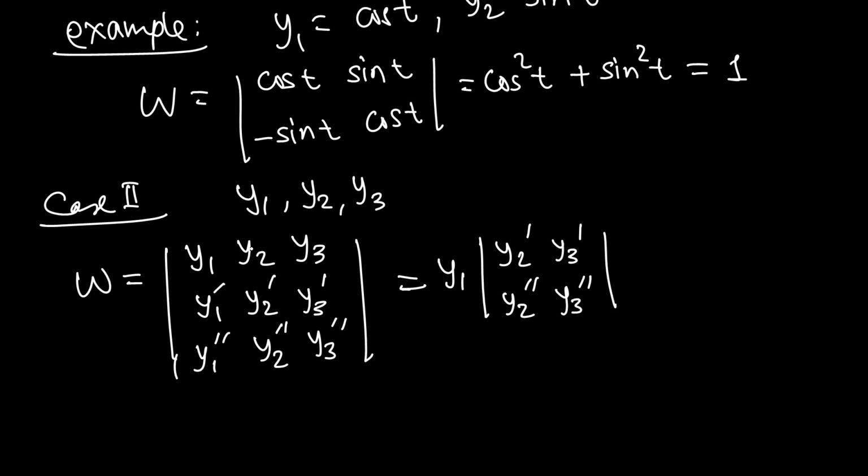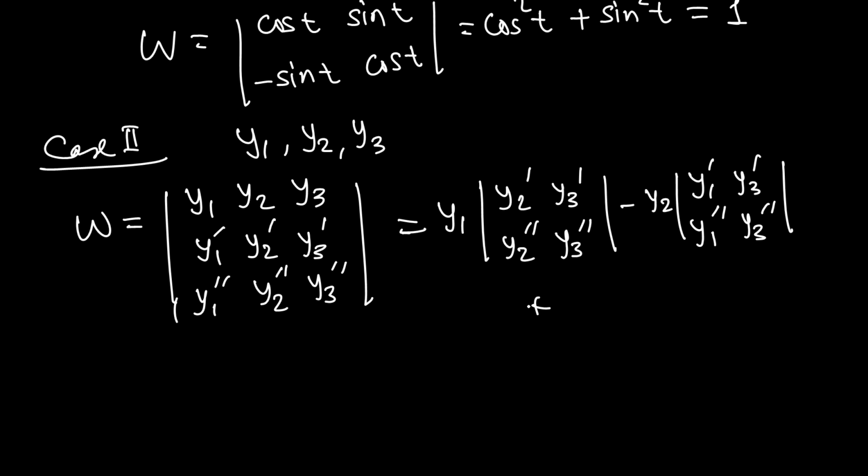Then y2: due to the position this will be negative, so plus minus plus, and y2 times, now we delete the row and column containing y2 and write down the 2 by 2 determinant. So y1 prime, y3 prime, y1 double prime, y3 double prime, and finally plus.